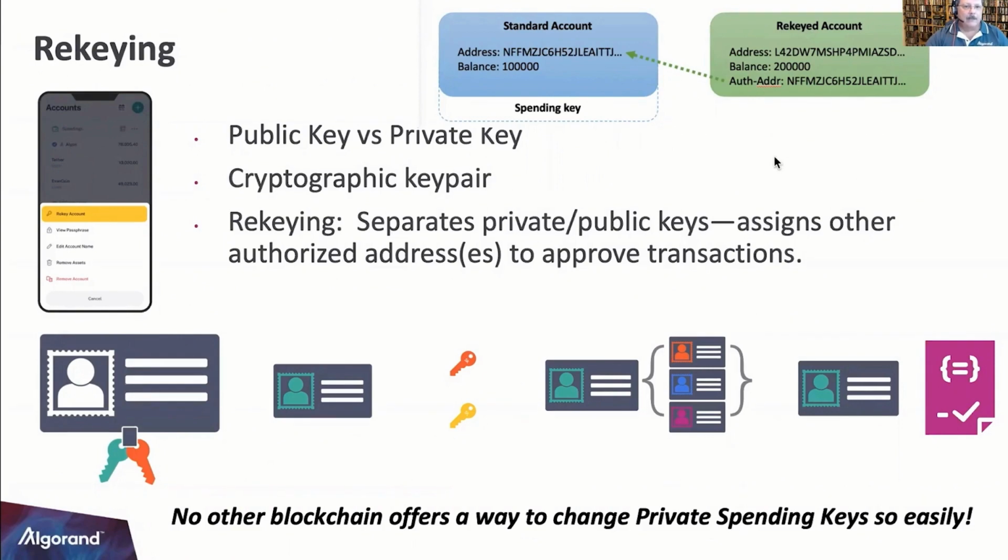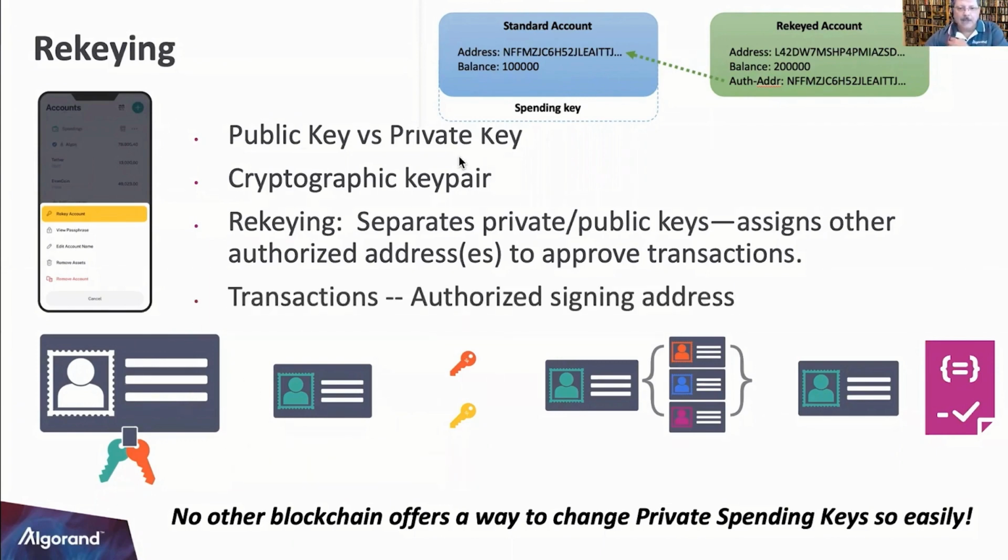The problem was, when you say evolve, you start out maybe as a single account, then maybe you get that board of directors scenario where you want a multi-sig account. Up until recently, you've had to recreate both of these from scratch and then transfer everything over, and it was very cumbersome to do that. We're, I think, one of the few blockchains, if not the only blockchain, that makes this very easy to do by simply rekeying it.